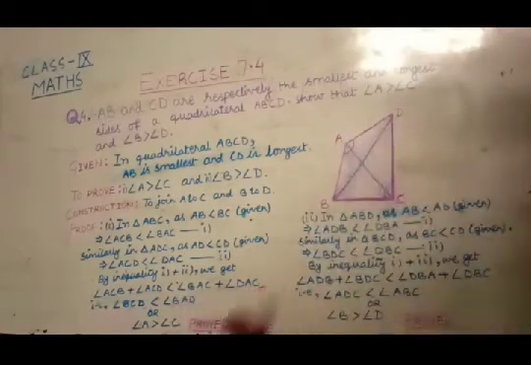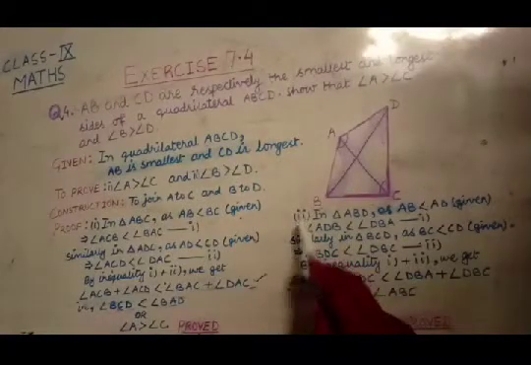So this sum we could replace by angle BAD. Hence this inequality becomes angle BCD is less than the angle BAD. Or you could state that angle at A is greater than the angle at C. That's proved.